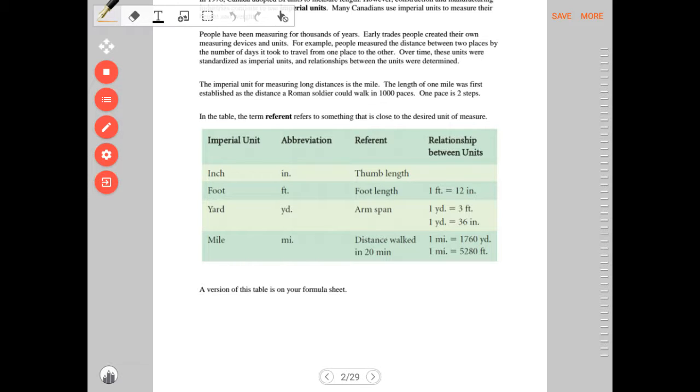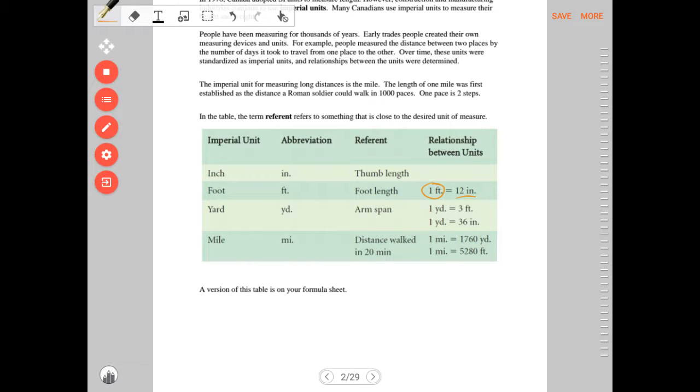Okay, so that's a referent. Okay, so a foot is another imperial unit of measure, so the abbreviation is FT. Okay, and the referent, so if you look at the size of your foot, that's about what a foot is. Okay, so now we have a relationship between units. So 1 foot is 12 inches.